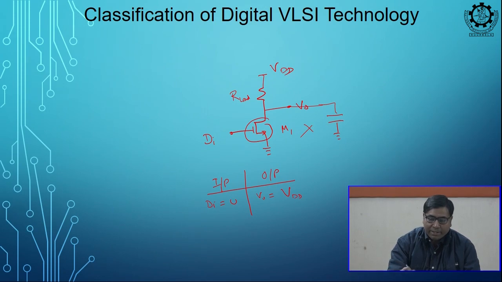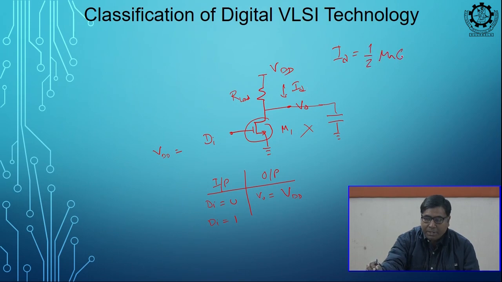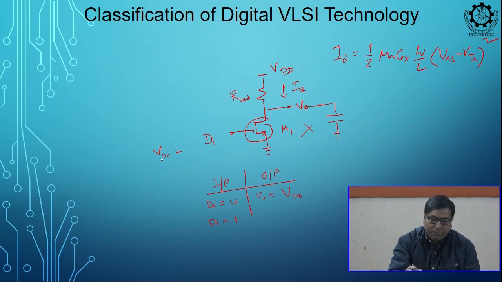And if you have a high input, say equal to VDD, this MOSFET will turn on and a current ID will flow, where ID is equal to half mu n COX W by L times (VGS minus VTH) whole squared. As input is the maximum possible, VDD, you can think that this is strongly on, meaning a very large current will flow.